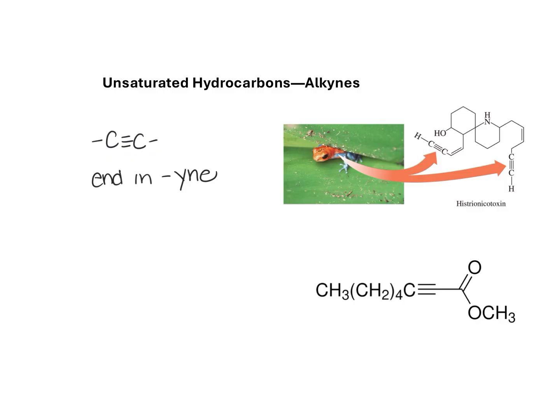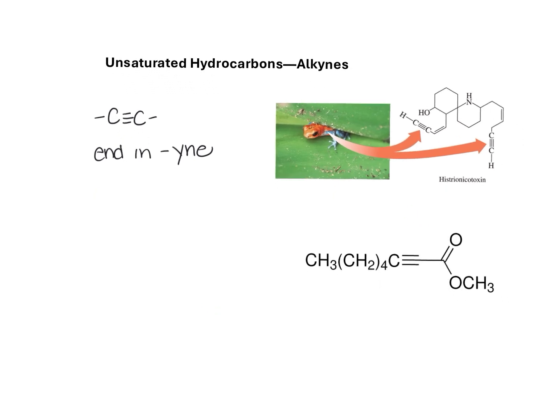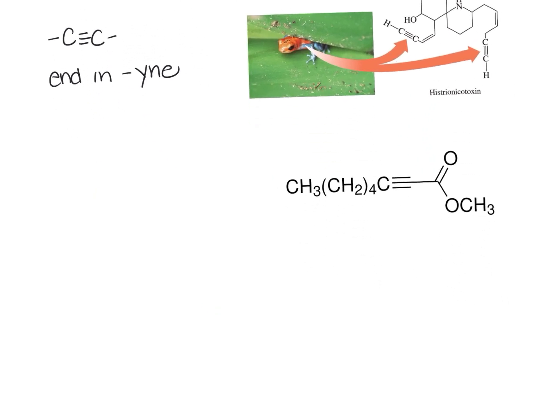Now, but I really wanted an example of an alkyne that was used in cosmetics. And after some hunting, I found this guy here. When we look at this particular molecule, there is another functional group that's there, but the functional group that we're interested in is this carbon-carbon triple bond. This is kind of a weird structure because it's sort of like a half skeletal structure, half condensed structure.